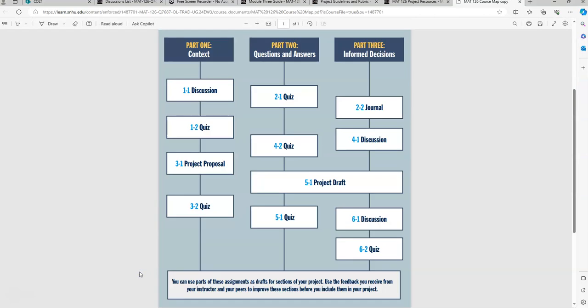Yes, just again in context, and I want to talk a little bit more about context when I close out the week 3 overview. Remember, we're sitting here in week 3, but some of the things we've already embarked on: the discussion from week 1, quiz from week 1, quiz from week 2, and your journal submissions that you are finishing up during week 2, those will be submitted.